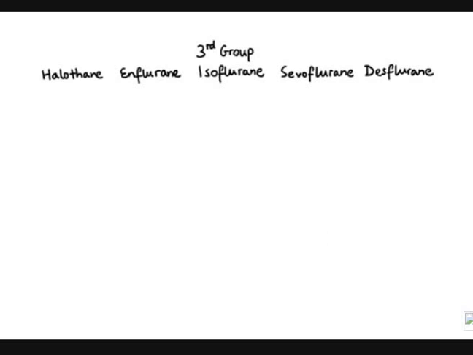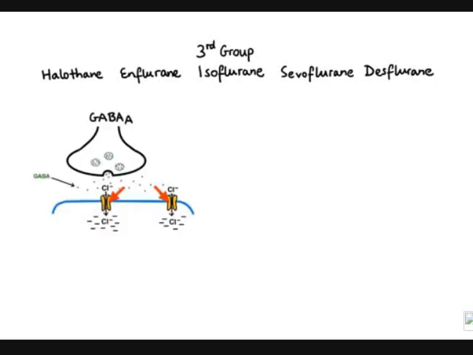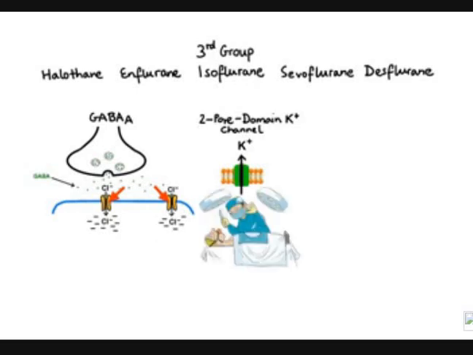Studies suggest that volatile anesthetics produce unconsciousness via different GABA-A receptor subunits than those targeted by the Group 1 drugs. Also, many 2-pore domain potassium channels that are activated by Group 3 anesthetics appear to highly affect immobility rather than anesthesia. Just like Group 2 drugs, volatile anesthetics also inhibit NMDA receptors.